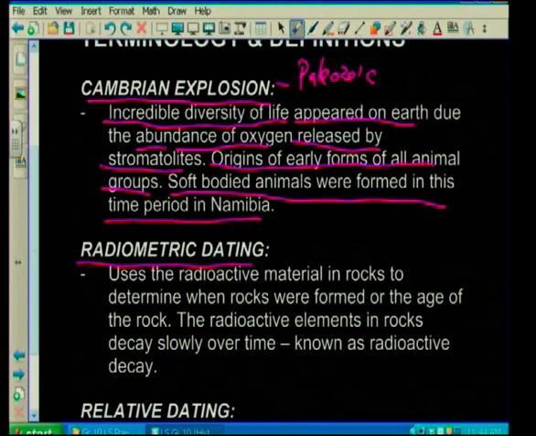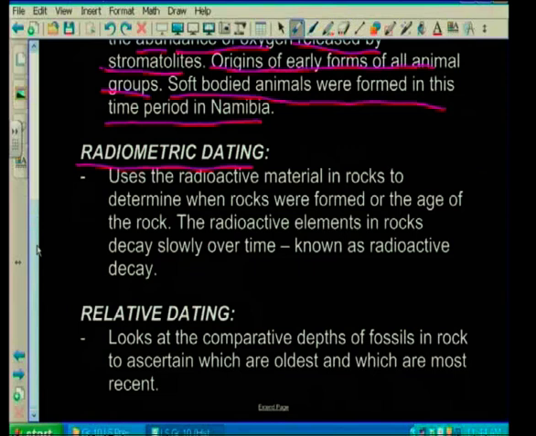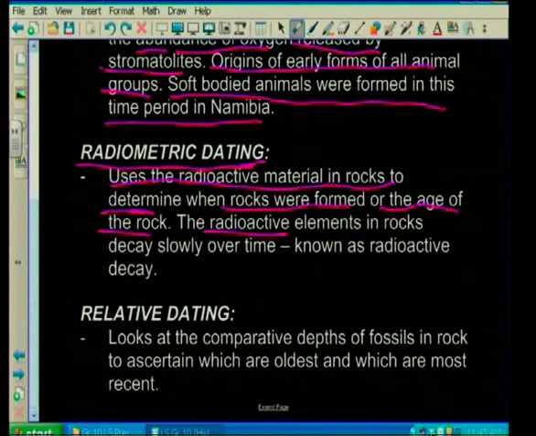We go to radiometric dating. This is a very important concept that you need to know. It uses the radioactive material in rocks to determine when rocks were formed, or the age of the rock. The radioactive elements in the rocks slowly decay over time, known as radioactive decay.